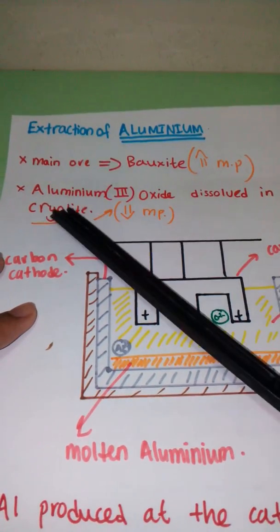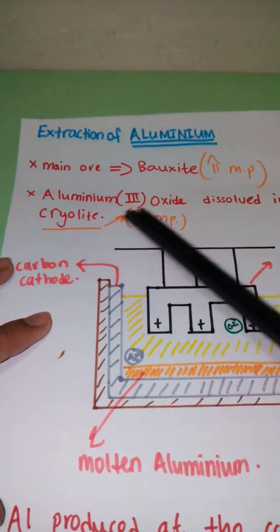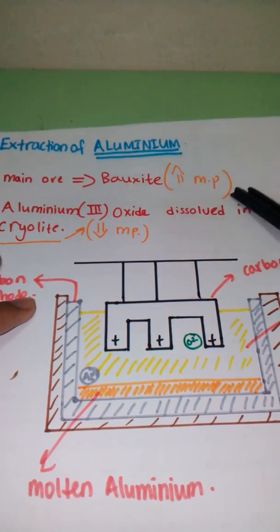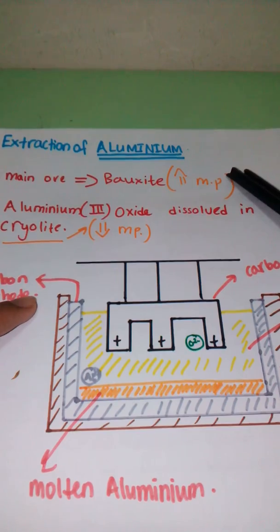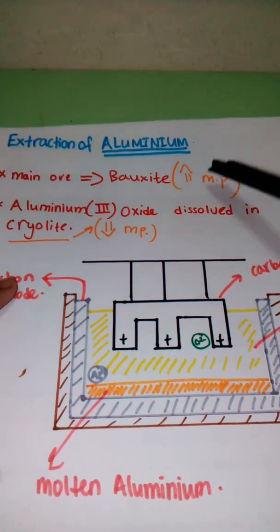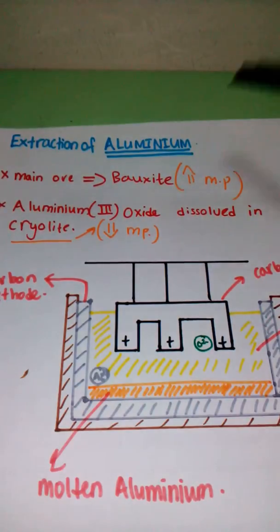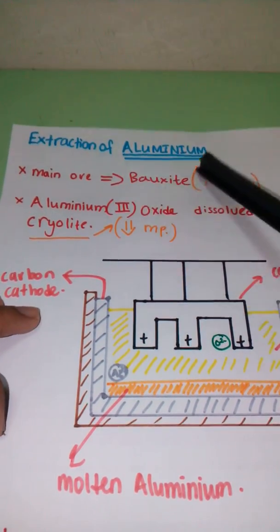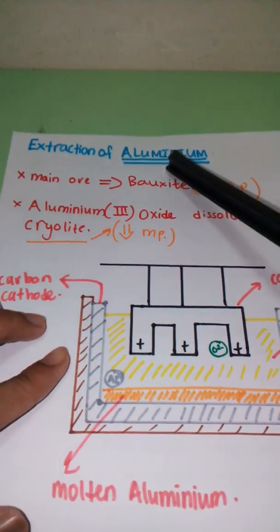Bauxite is aluminium oxide, and it has an extremely high melting point, so it would not be economically good to electrolyze bauxite right away. I mean, it's possible, but it would be too expensive because of the heat costs.